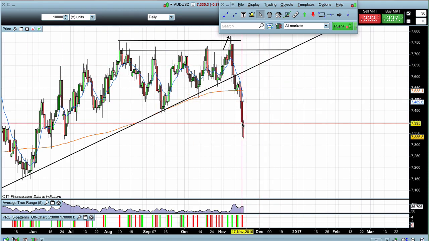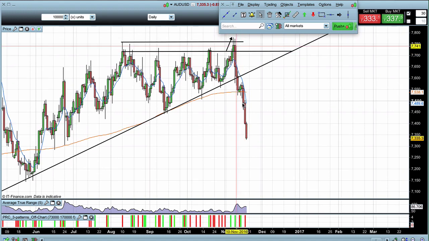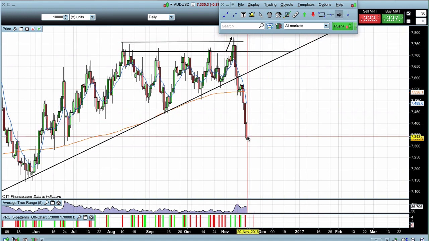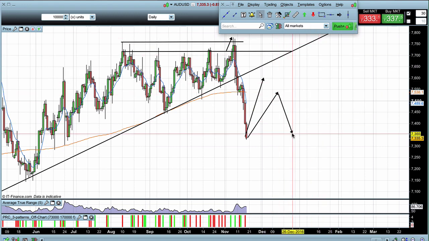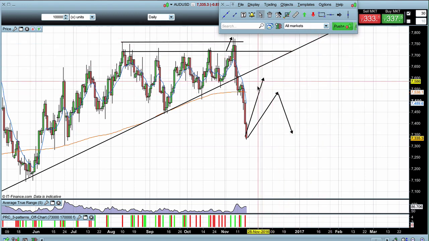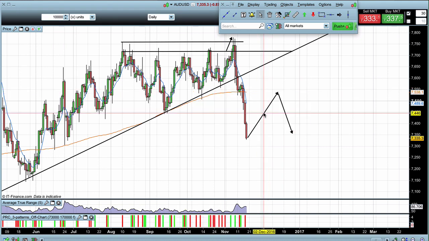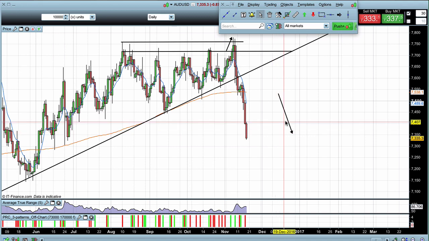Going into next week, because we have had such a sustained downward move, I'll be looking for pullbacks into resistance areas above to look to get into shorting positions to continue with the market sentiment. Let's have a look at a couple of those areas.